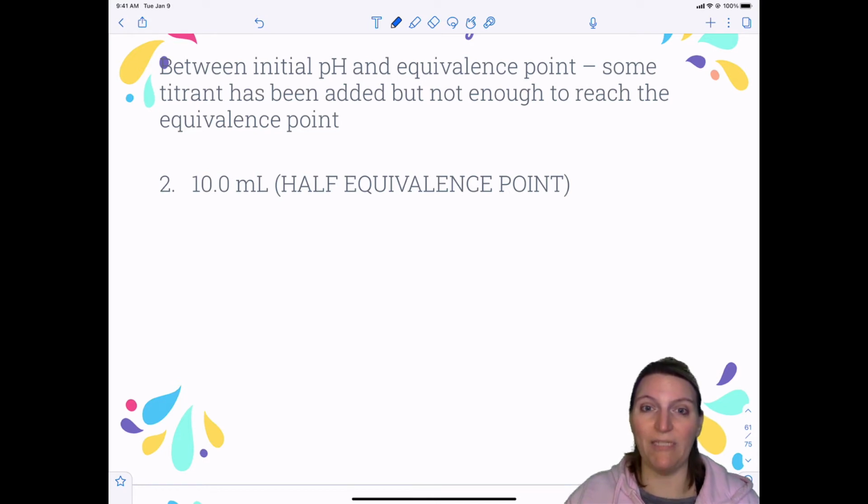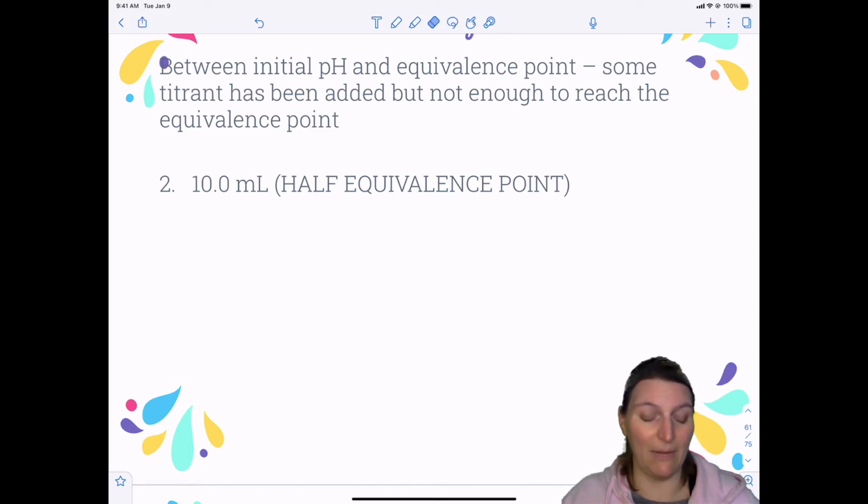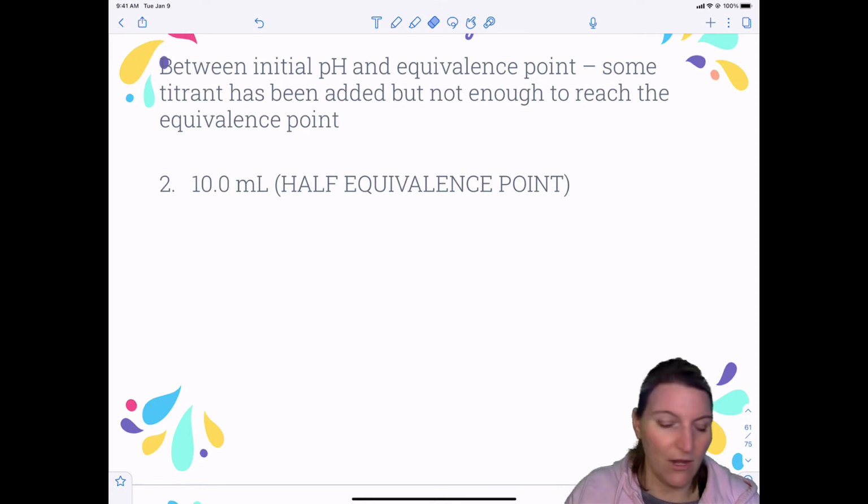So this is BCA, then ICE. This is again the half equivalence point, so we are going to notice that the pH is going to be equal to 14 minus the pKb. I believe that's what it comes out to be.